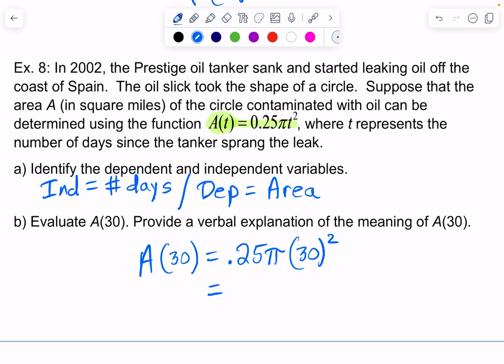So when I put this into my calculator, I've got 0.25 times pi times 30 squared, and that's going to give me, after 30 days, 706.86, if I round it to the nearest hundredth, square miles of contamination. And that is absolutely horrifying, but that's real life.